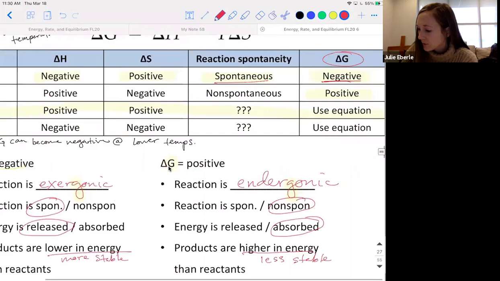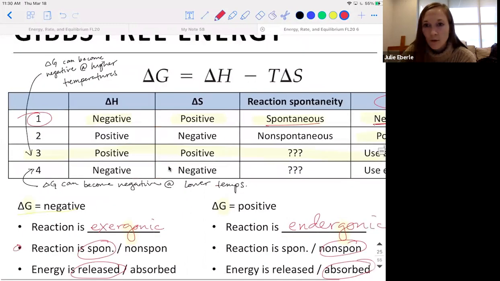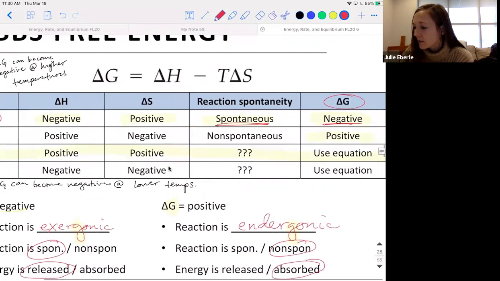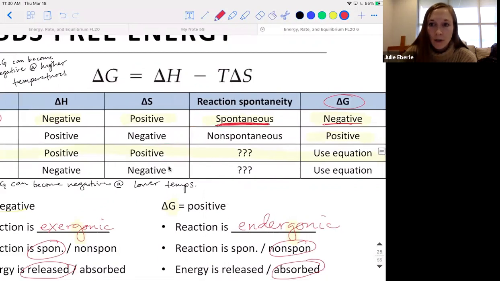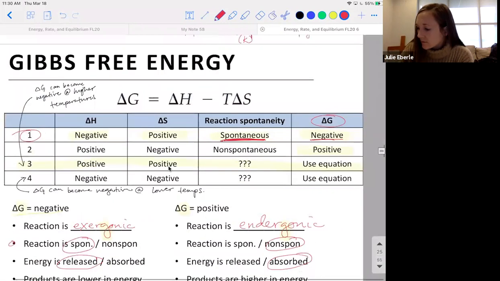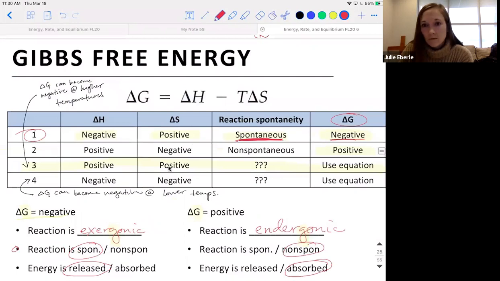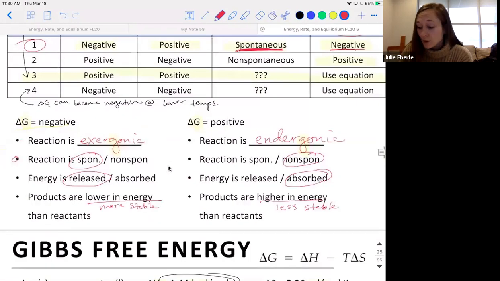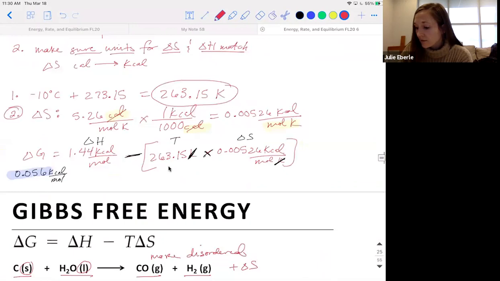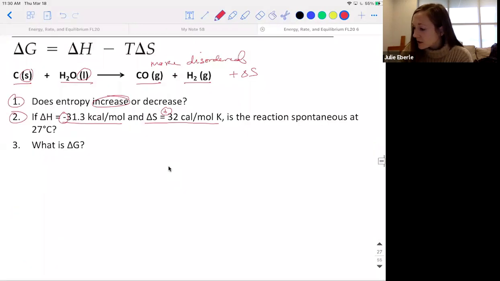Well, the table, that is condition or row 1. When you got a negative and a positive, it's always spontaneous, no matter what your temperature is. So we don't have to calculate anything just yet. So we know when we do calculate delta G, it should be negative. So is the reaction spontaneous? Yes, it is.